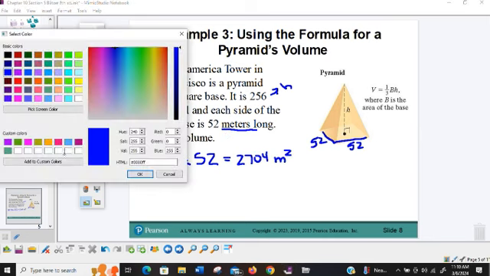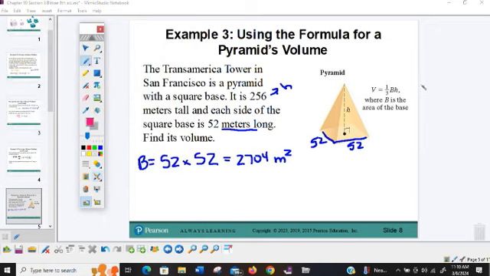All right, so now we've got the area of the base. Let's follow the formula. We're ready. The volume is going to be equal to 1/3 times the area of the base, 2,704 meters squared, times the height, and the height was 256 meters.